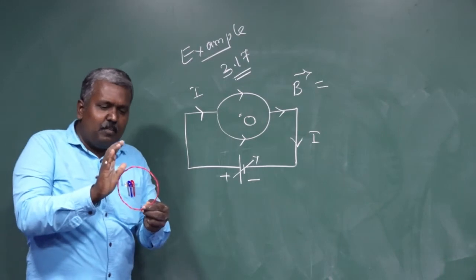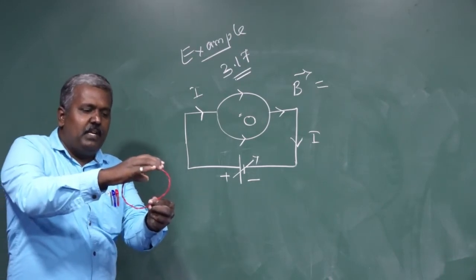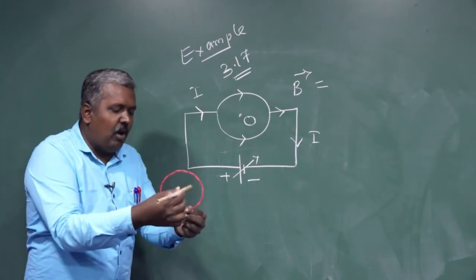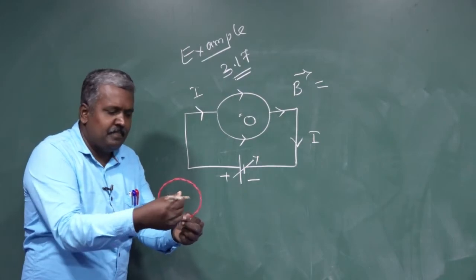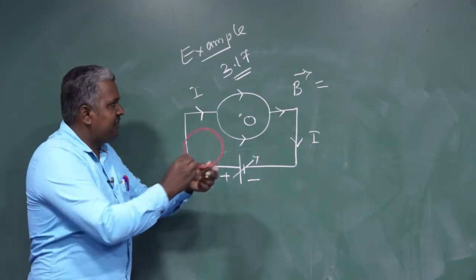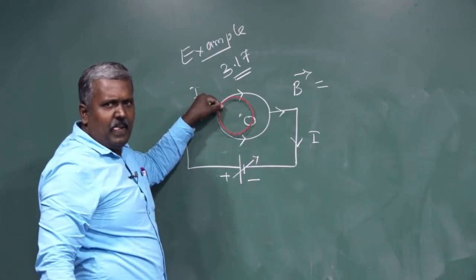So using the right hand thumb rule in the upper hemisphere, the direction of the field along the axis of the circular loop or coil is like this, towards the board.